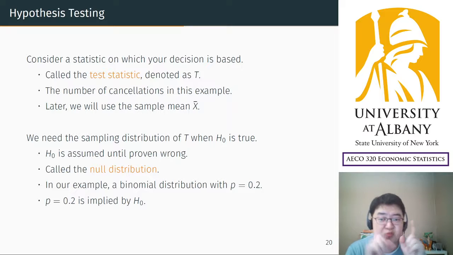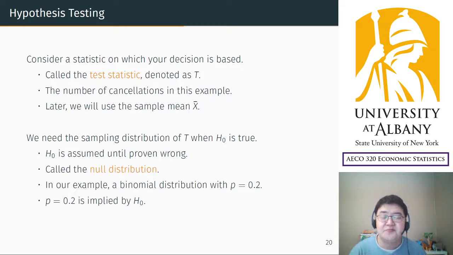You are going to use one statistic and you will compare the statistic with your belief, and that's called the test statistic. It's usually denoted as T. So you are going to calculate the statistic T from the sample, and you make a decision based on the value of T. If T is too large or too small, then you may reject your null hypothesis.